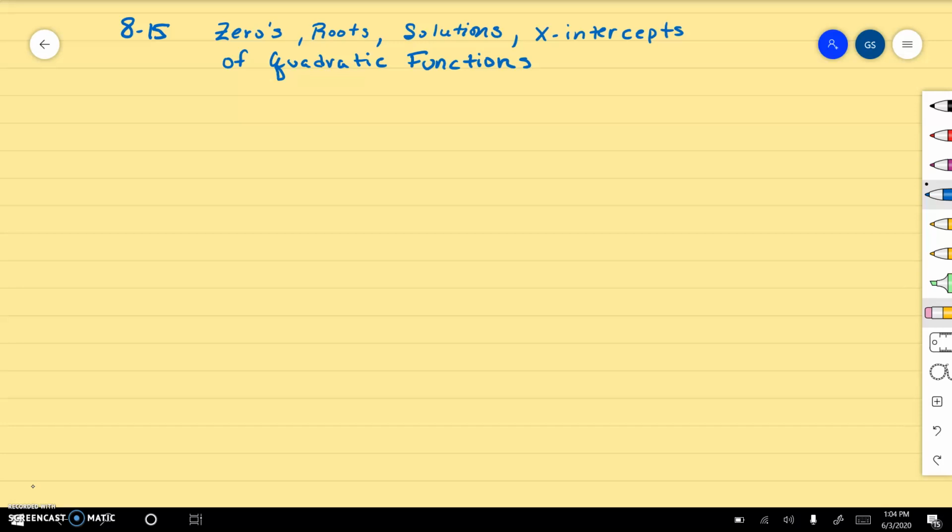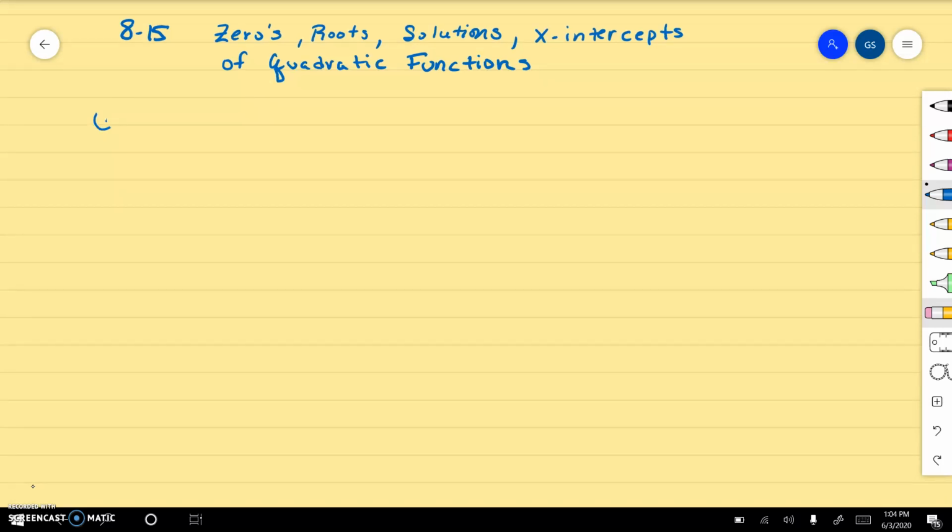Okay, so the first thing I want to do is review the ways that you can solve a quadratic equation algebraically. One is factoring, and within that, GCF and trinomials, which was the X method.